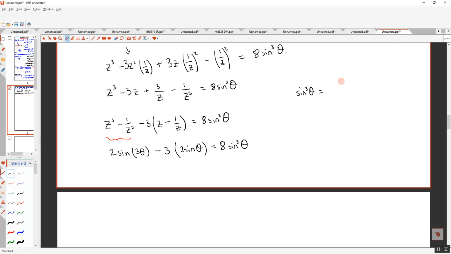I'm going to divide both sides by 8. Did I do that right? 3 2s are 6, yeah. So that's that minus all divided by 4.